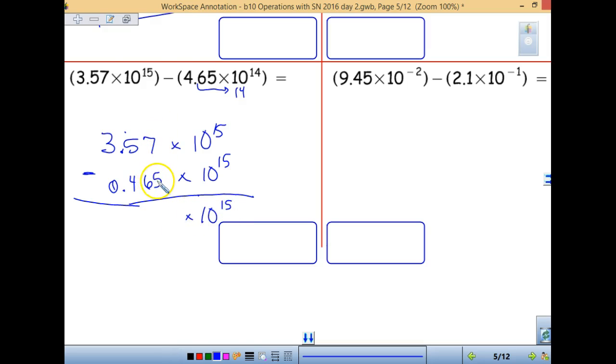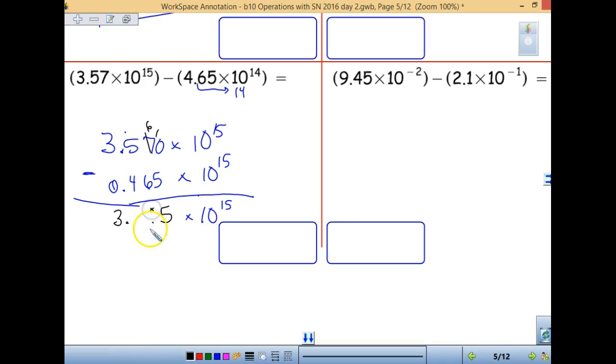Take 3.57, you need to add the 0 behind that, subtract 0.465. So again, as you are doing that subtraction, you might have borrowed from here and made it a 6, right? 10 minus 5 gives us 5. 0.95, my fault.